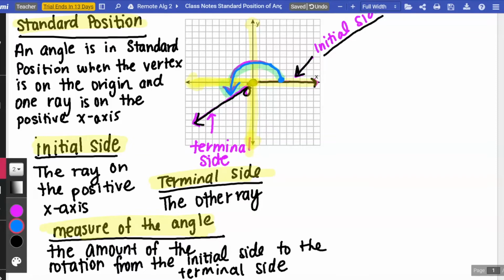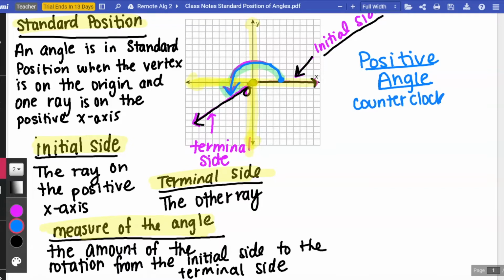So let's keep going. We need to talk about the difference between a positive angle and a negative angle. A positive angle occurs when you have a counterclockwise rotation. For example, if we have a coordinate plane, here's our origin, and let's say on this plane we put our initial side here, of course, and our terminal side here.